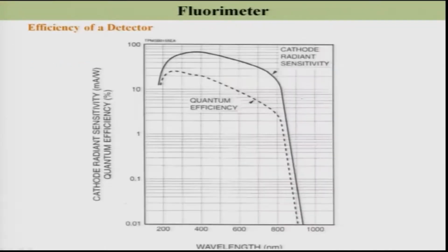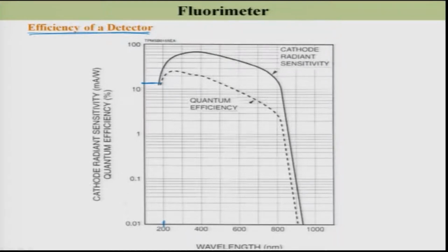Similarly, here I showed the efficiency of a detector. See the efficiency of this particular detector, a Hamamatsu R928, forget about that, a particular detector. Here you see the efficiency is about 13-14% at 200 nanometer.